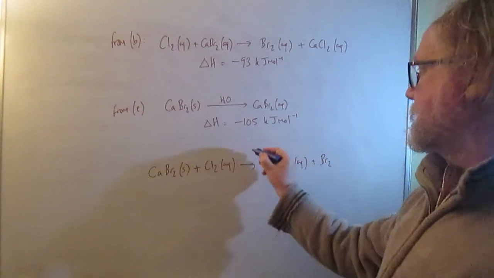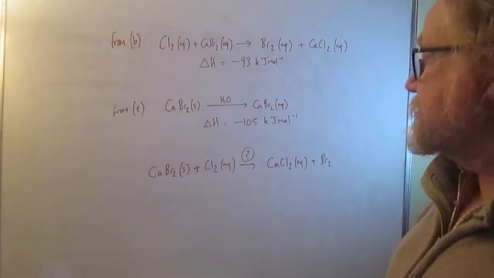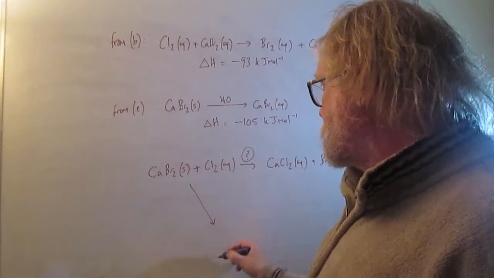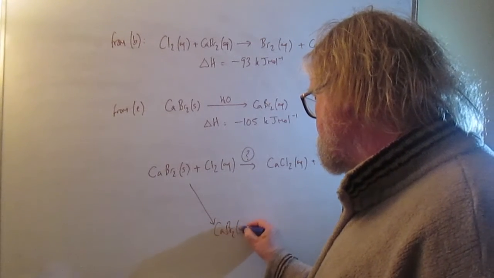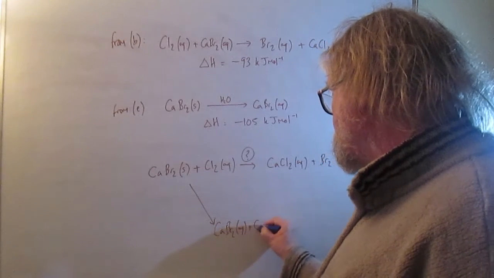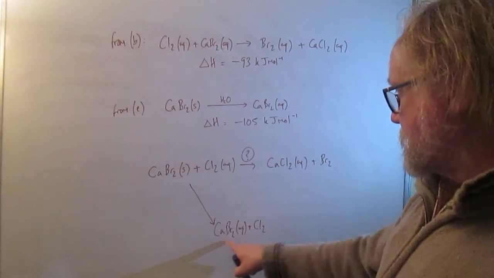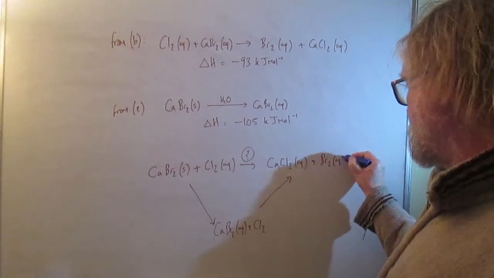Okay, so that's the one that we want to find, delta H. And we just break it down into 2 steps and say, right, first we turn that into aqueous calcium bromide plus chlorine, and then we do the reaction. The aqueous calcium bromide then reacts with the chlorine to give you your product.